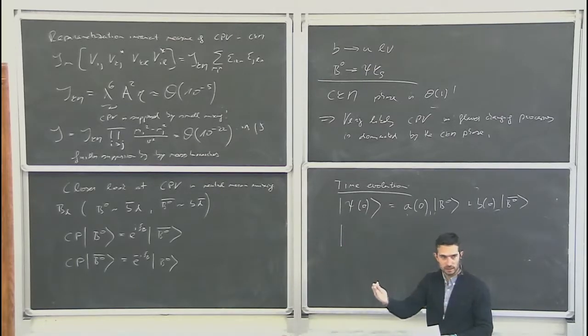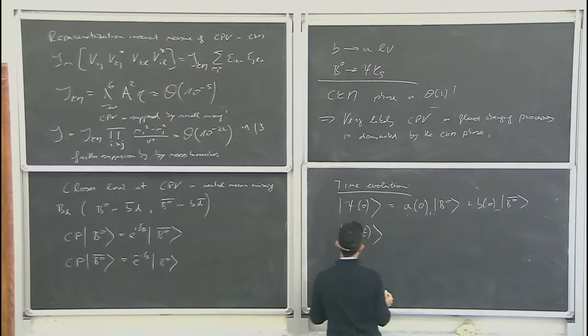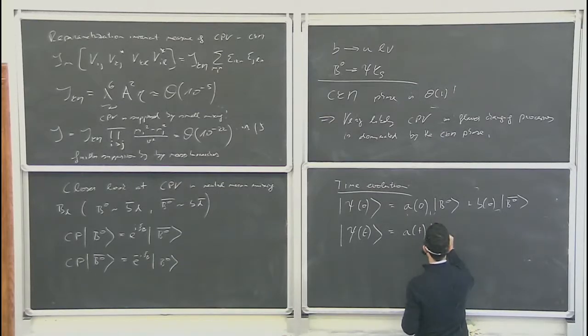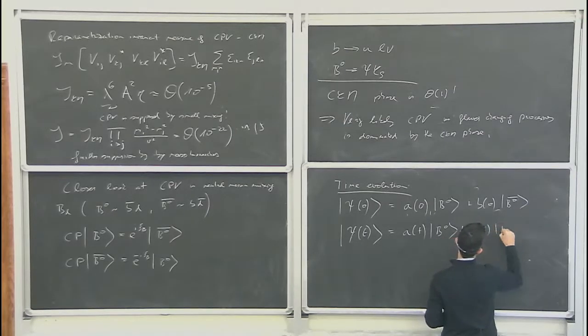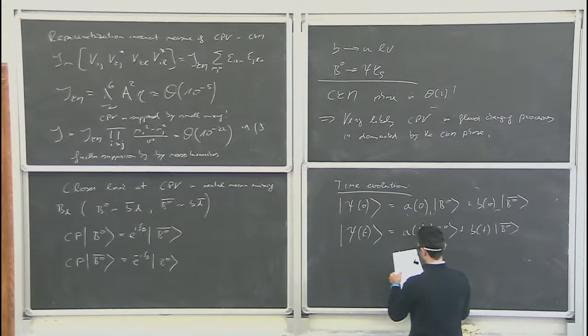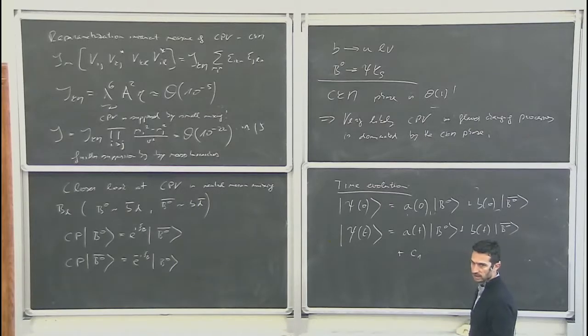After some time t, I can write my state psi of t as A of t times B0 plus B of t times B0 bar, but since B mesons decay, this is not yet a unitary evolution, so I need to add a series of final states into which the B0 and B0 bar can decay.